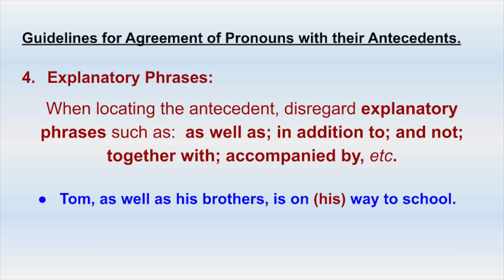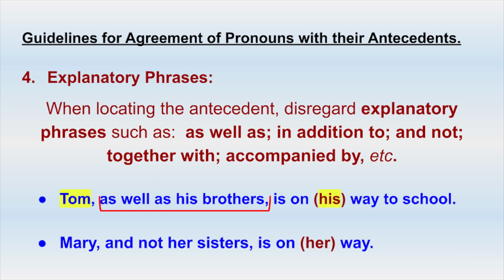The antecedent is Tom. Tom is singular and masculine, so it takes a singular masculine pronoun, his. As well as his brothers is an explanatory phrase which has no bearing on the pronoun, so it can be disregarded in the sentence.